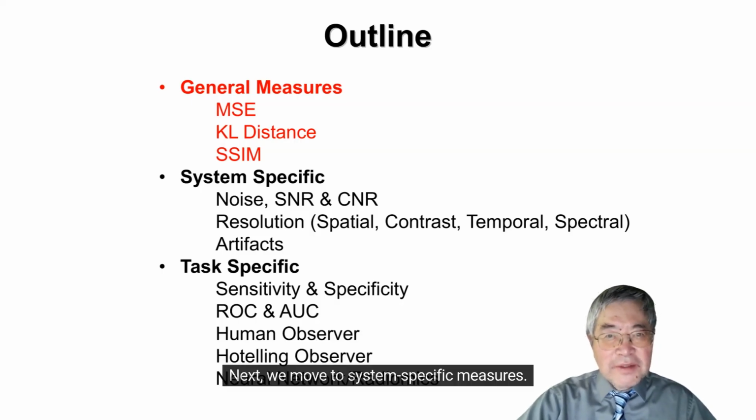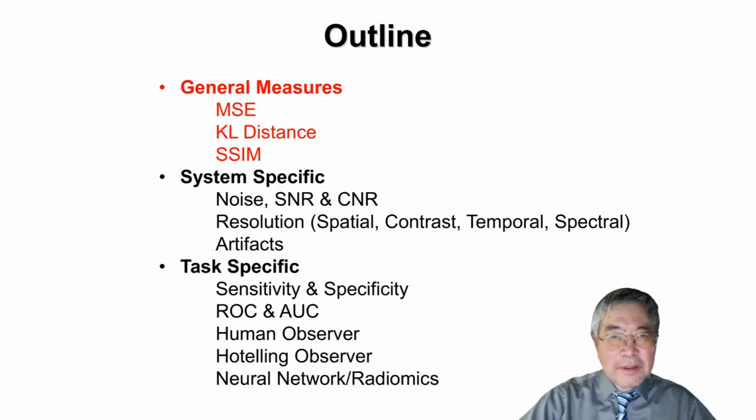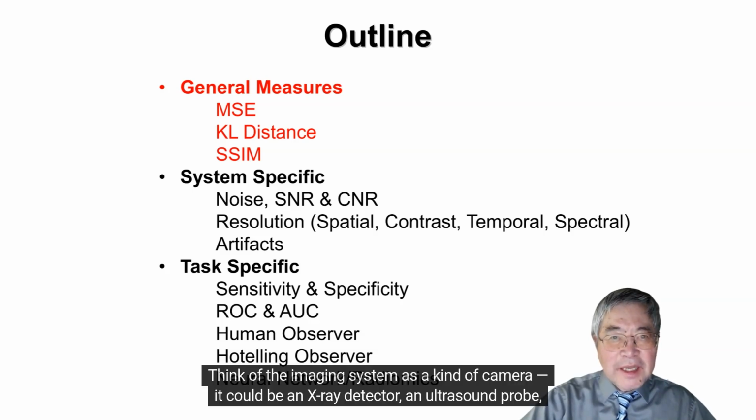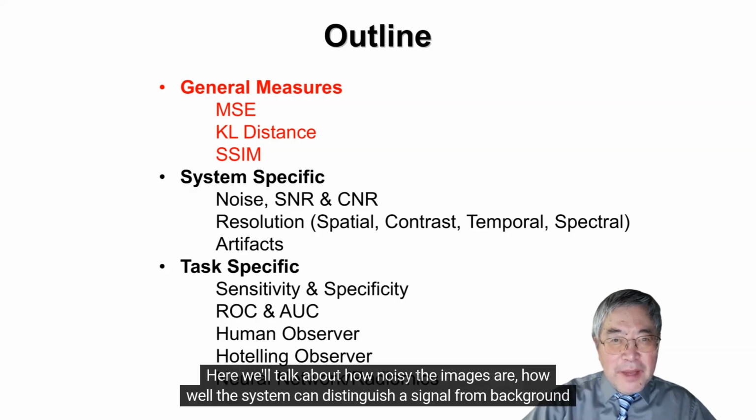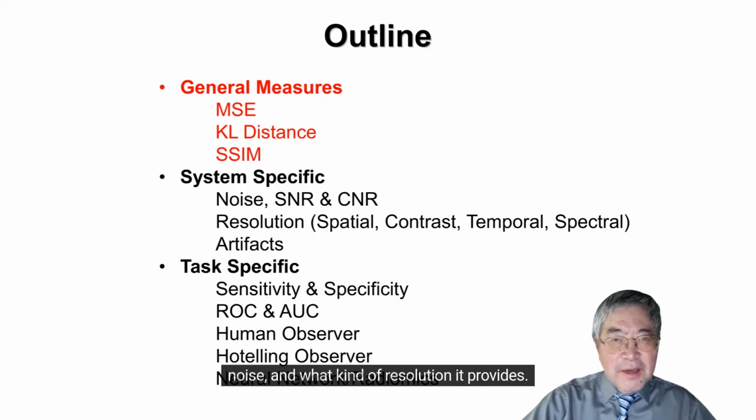Next, we move to system-specific measures. Think of the imaging system as a kind of camera. It could be an X-ray detector, an ultrasound probe, or an MRI scanner. Every camera has its own specifications. Here we'll talk about how noisy the images are, how well the system can distinguish a signal from background noise, and what kind of resolution it provides.